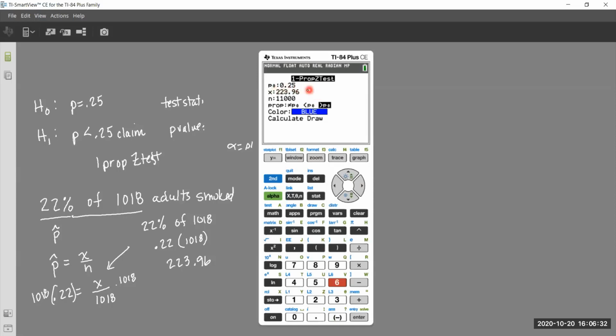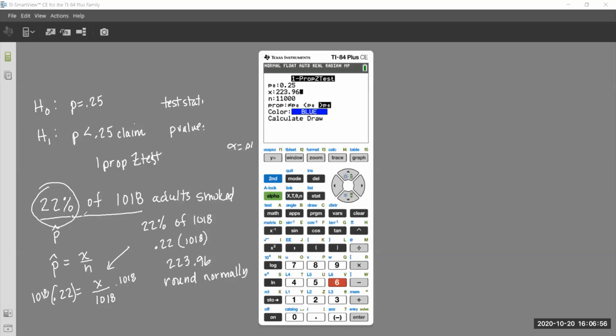So this number needs to be rounded, and you're going to do normal rounding on this, which sometimes bothers students. The way I think of it is this. They got the 22% by counting the number of people. They probably rounded to get the 22%, so you don't want to double round.